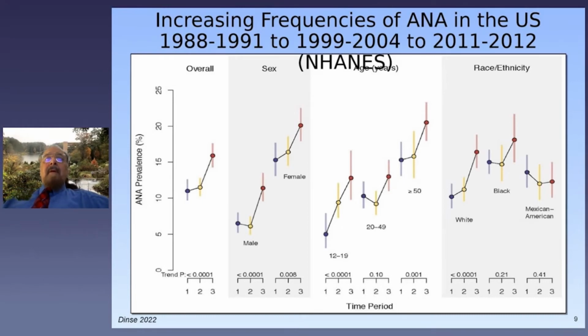And if you look at the race and ethnicity distributions, you see that African Americans have the highest rates, but that whites are going up rather dramatically over this time frame, and unfortunately catching up with the African Americans.